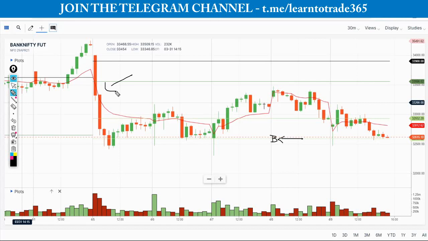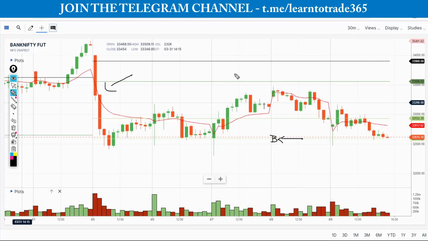After Monday's down move, there was no drastic fall, and this makes more retail traders think: despite the COVID rise, Bank Nifty is not falling so much, so the big players must be positioning themselves as buyers.